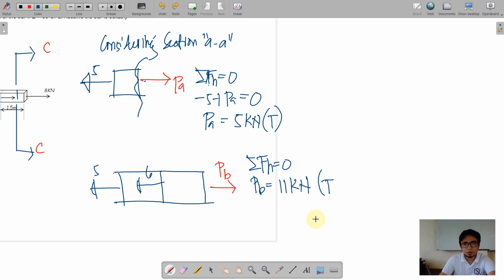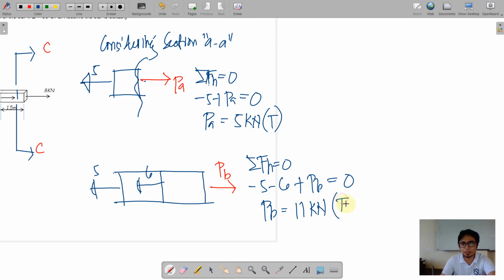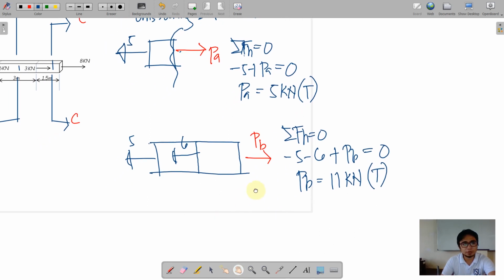Okay, or shall we write it properly? Negative leftwards, positive rightwards is equal to 0. So just the same, we will yield a positive answer. And initially we have assumed it to be rightwards or away from the joint, and found out we have a positive answer, therefore we maintain that direction to be a tensile orientation of force.